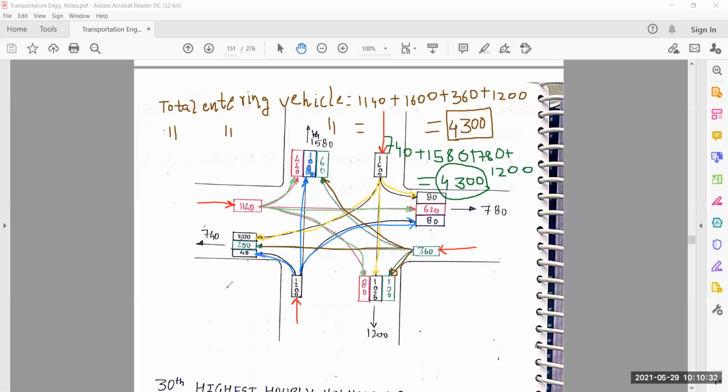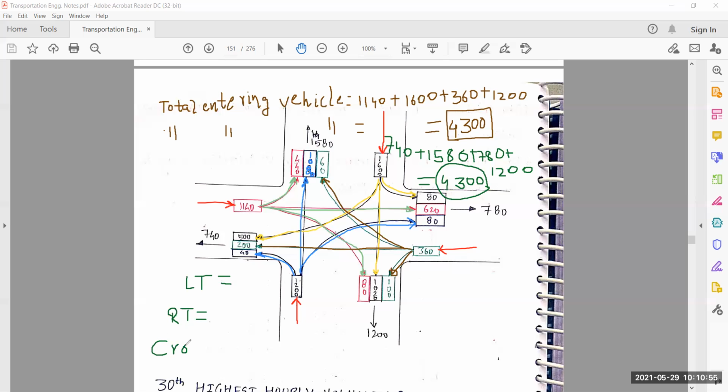Also from here we find out the total number of left turn vehicles, the total number of right turn vehicles, and how many vehicles are crossing the intersection.